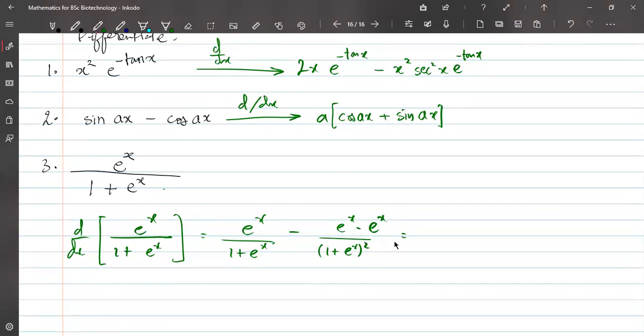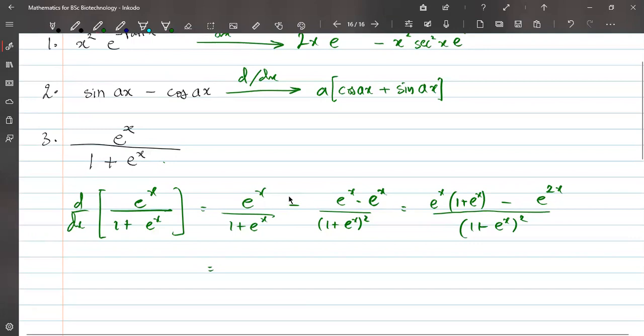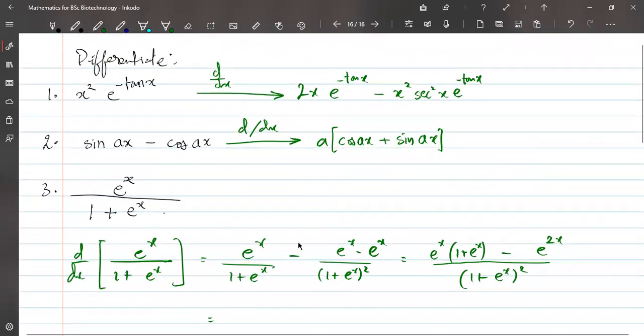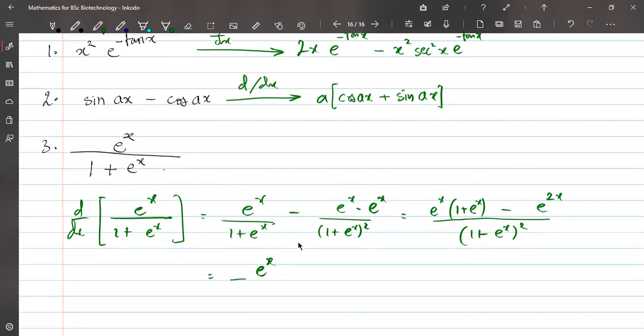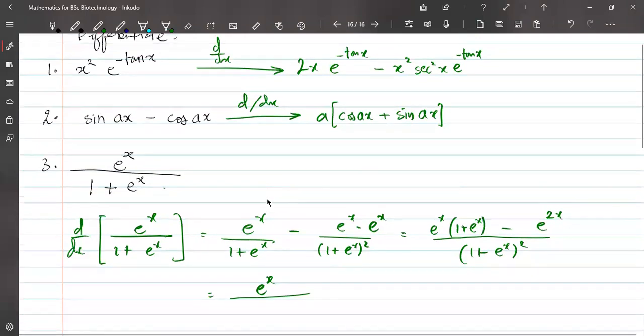So taking LCM, which you would have got if you had done product rule also, you multiply by e power x. The first term is multiplied by e power x, and then you have here e power 2x, and then over here the LCM, which is this. And so here e power x times 1 and e power x times e power x is e power 2x, which gets cancelled with this.